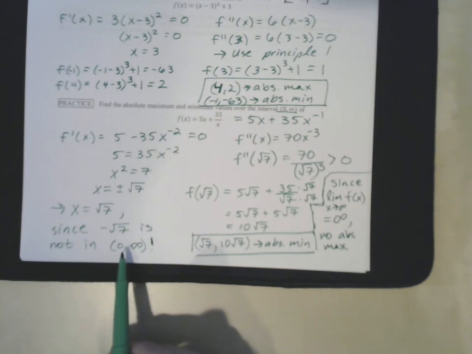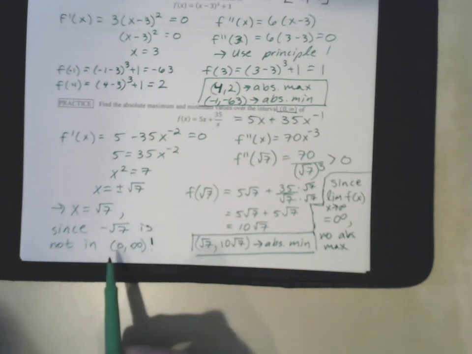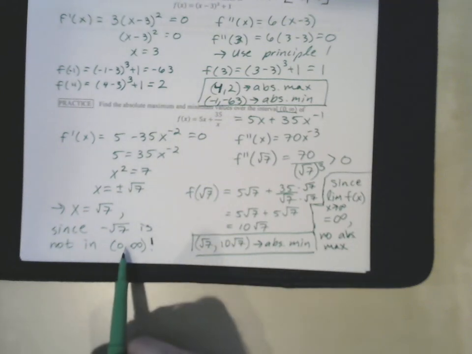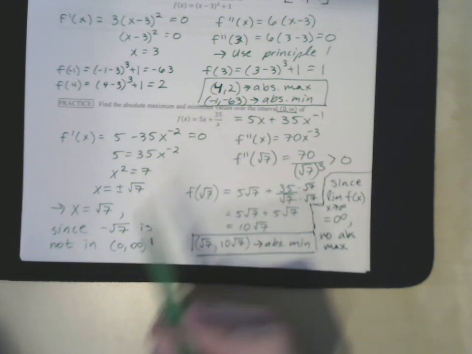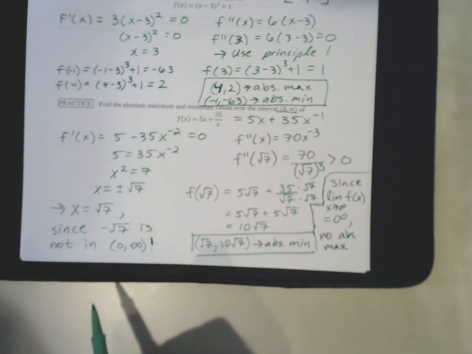So going towards negative infinity doesn't make any sense. So a lot of times you'll see a restriction placed on the domain to ensure that there is an absolute extrema. If you take away this restriction and you just have all real numbers except 0, then you would have no absolute max and no absolute min. And that's what's happening here.